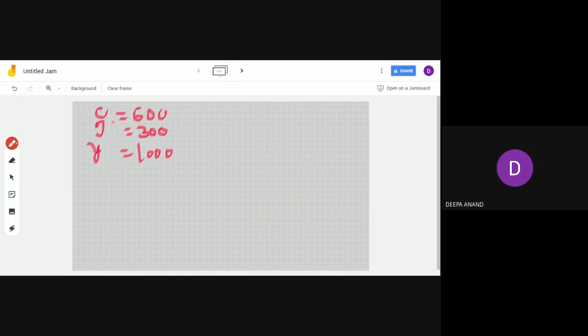See the question itself. Consumption 600, investment 300, and the income is 1000. So why is it not matching? Tell me the reason why this is not matching. 600, 300, 1000. Why is it not matching?